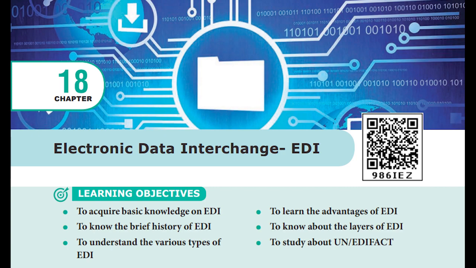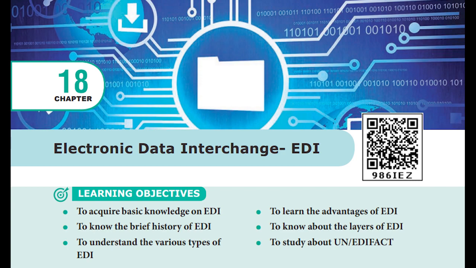Communication, for communicating we'll need a software and network, right? So communication software will be there, and then the communication network also will be there. You will be seeing about the EDI standards, about these directories, about all these softwares and networks and all in this chapter, and then we'll be seeing the structure of this standards also.